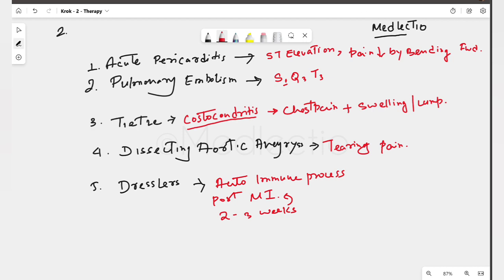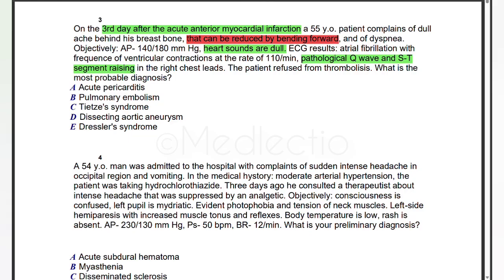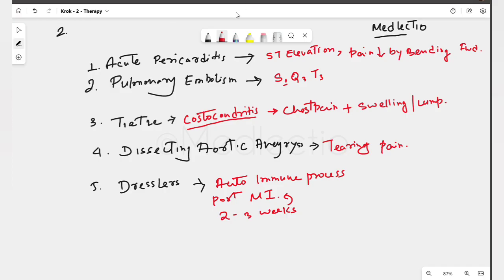Now we will go back to our question. Here we have a history of acute anterior myocardial infarction. It can also be post injury or infection, so it can be acute pericarditis, it can be Dressler.